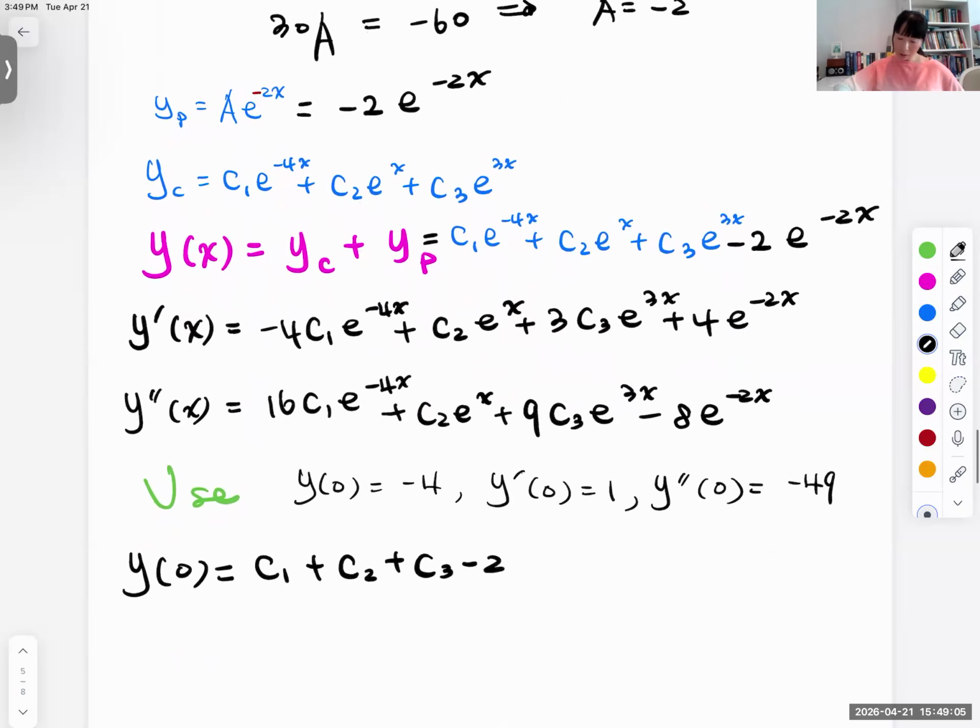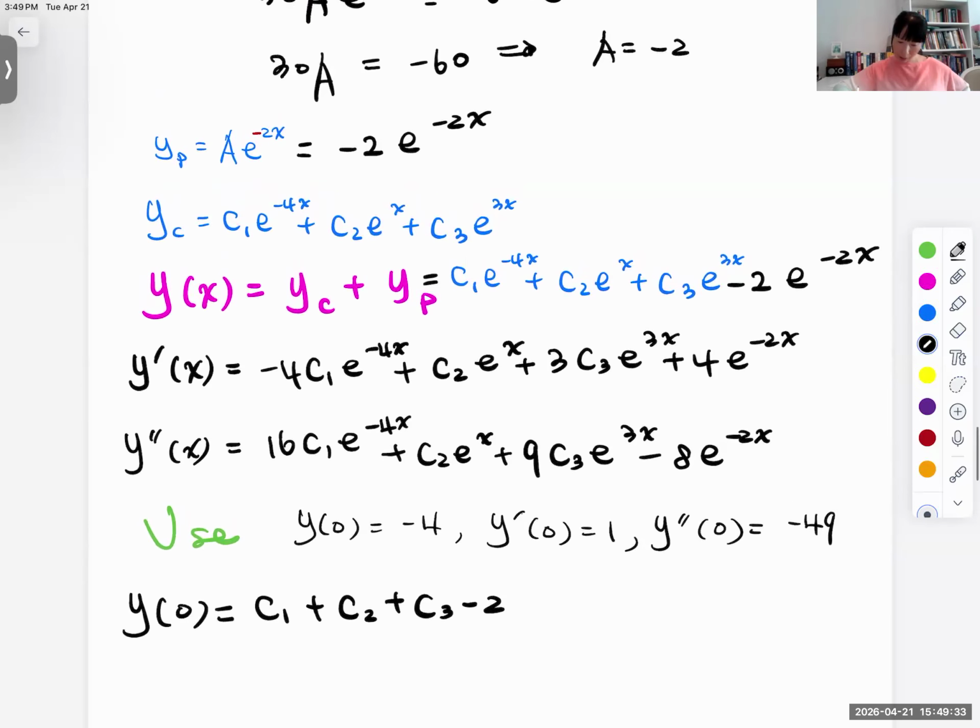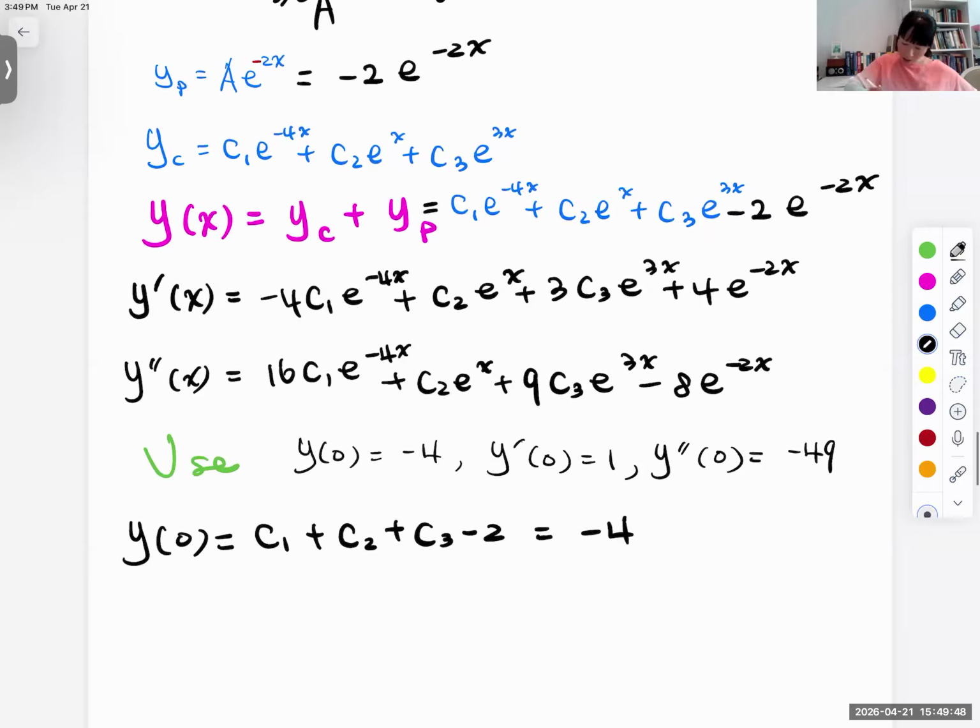That's not the one, right? Let me check. Okay, I'm missing that. I could not find negative 4. Sorry. So we say that this is negative 4. Okay.